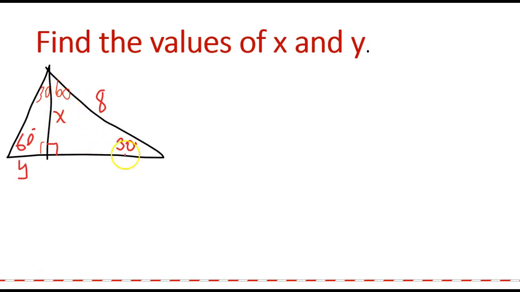X for this triangle is opposite a 30 degree angle, so it's going to be the small leg. So we know in a 30, 60, 90 triangle, the hypotenuse equals twice the shorter leg.